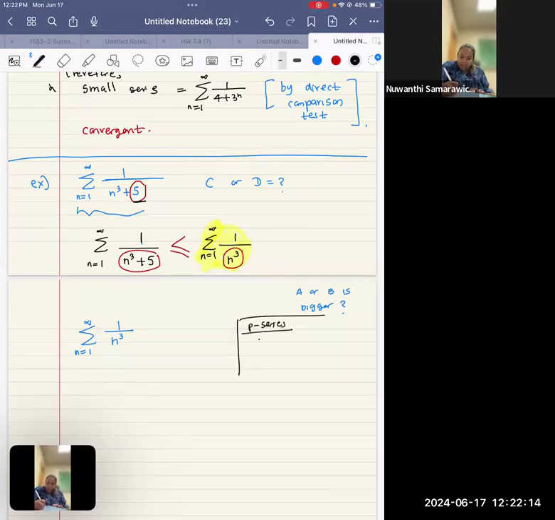So what does P series mean? If you have n to the power P in the denominator, if P is greater than 1, then your whole series converges. If P is less than or equal to 1, your whole series diverges.